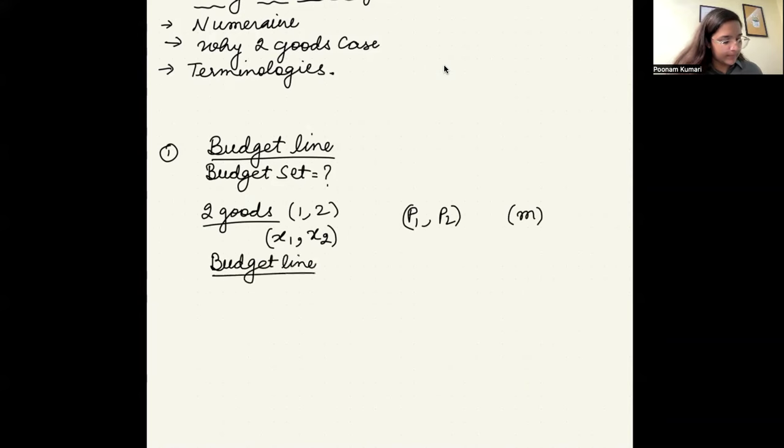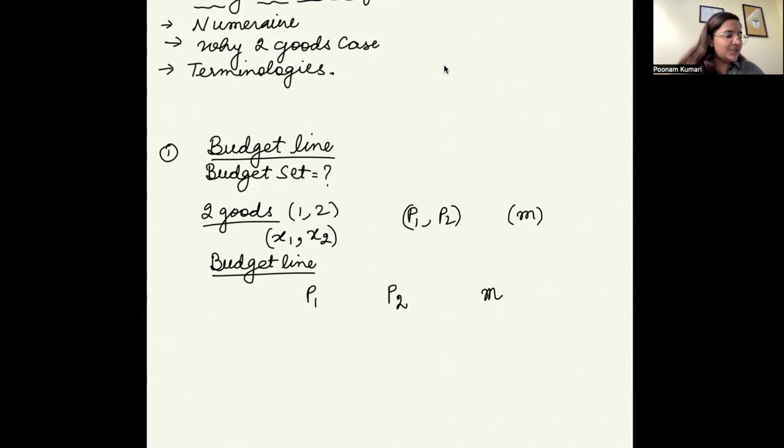P1 plus 2P2 is equal to M? Or something else?